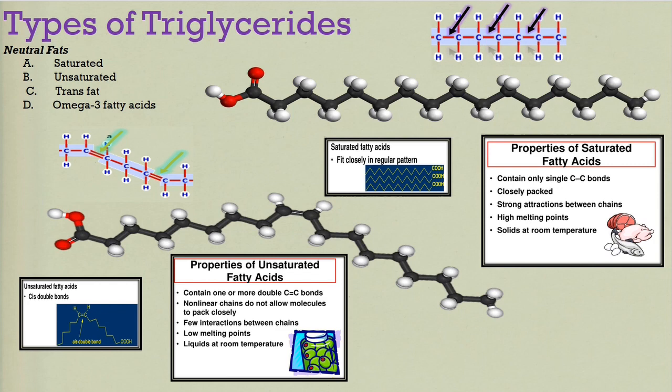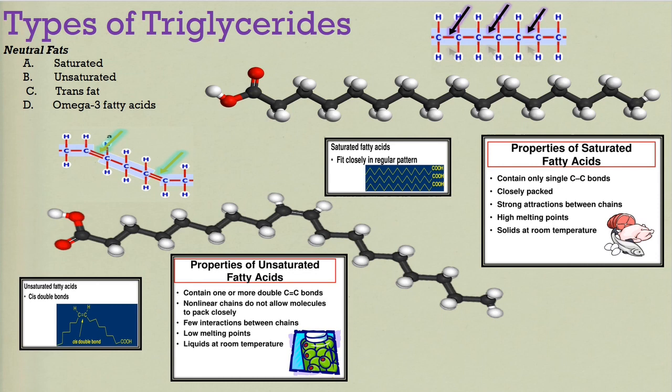Now, looking at the unsaturated fatty acids, it can be described as triglycerides which have a bent, kinked, long fatty acid, which has a double bonding at any point of the carbon. Double bonding can be 1, 2, or more. Unsaturated fatty acid has one or more double C to C bonds and a nonlinear chain that does not allow the molecules to pack closely together.